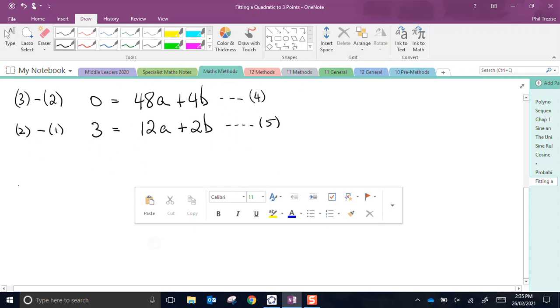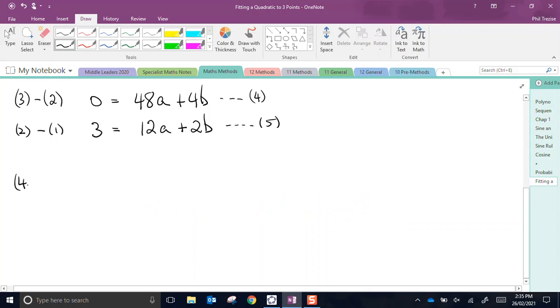So that's what I think I'm going to do. I'm going to go equation 4 subtract 2 times equation 5. 2 lots of that would be 4, subtracting would eliminate b, that's what I'm trying to do. So I have 0 subtract 2 times 3. I have 48a subtract 2 times 12a.